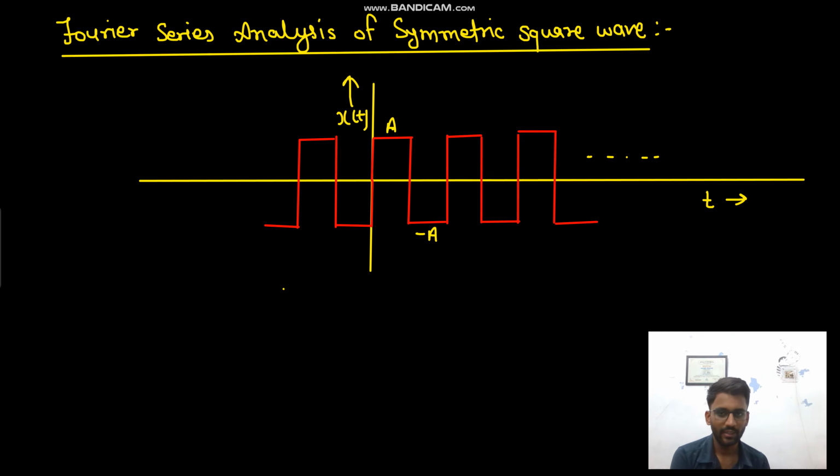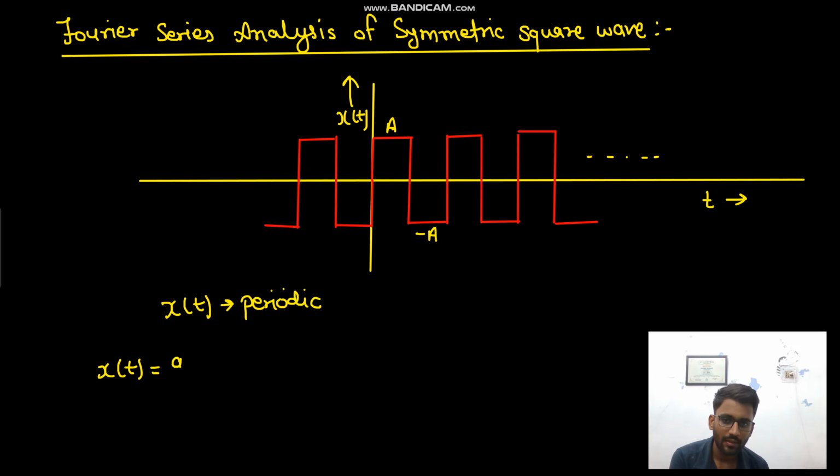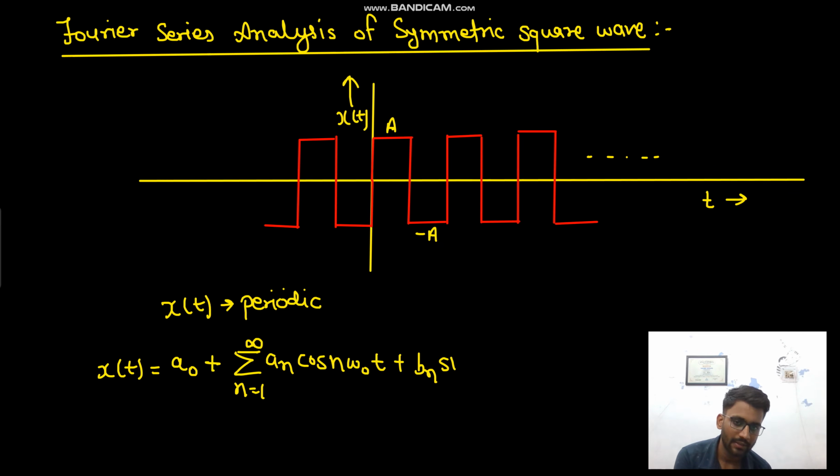So any periodic signal x(t), any time domain periodic signal, can be replaced with a DC voltage and orthogonal sinusoids and cosinusoids: a_n cos(n omega naught t) plus b_n sin(n omega naught t).